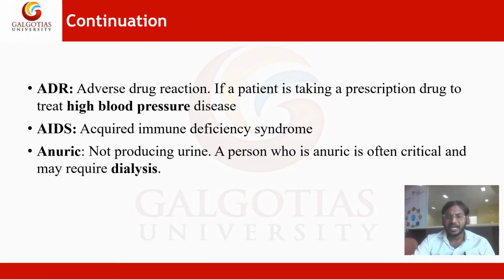It's also called anuria, the absence of urine production. By kidney failure, there is no urine formation. A person who is anuric is often critical and may require dialysis. It means the kidney is not functioning properly.